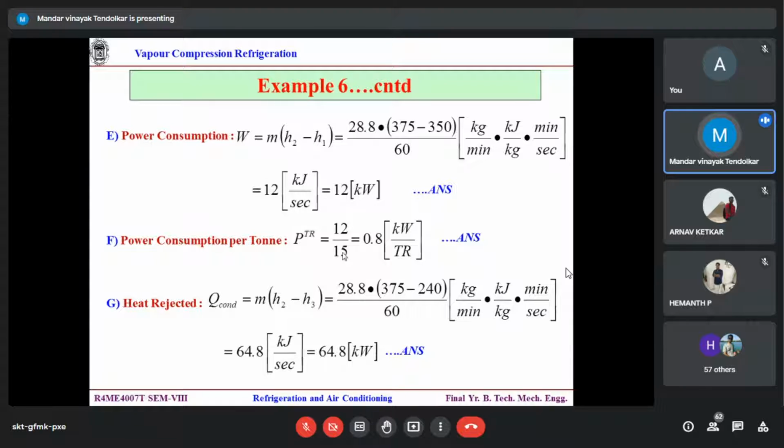Then power consumption per ton is divided by 15. And the heat rejected is in the condenser, so that is H2 minus H3. Mass flow rate is already calculated. This is how you solve by using the chart.